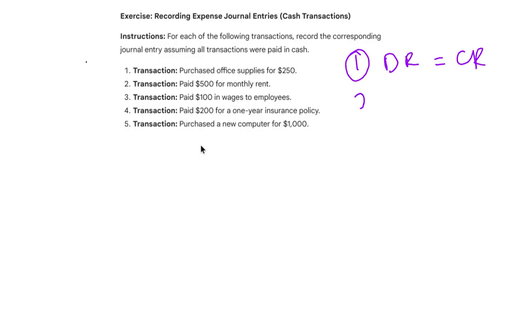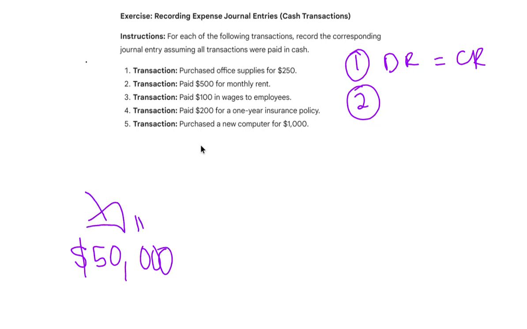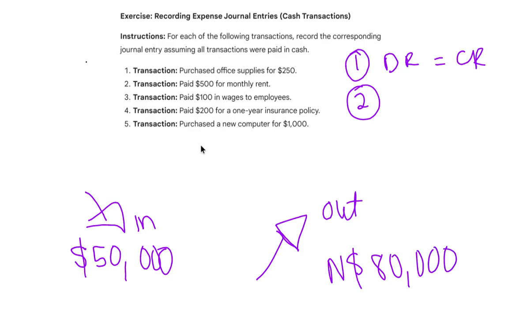The reason for that is, for example, I have $50,000 that came into my bank account, and what went out of my bank account was $80,000. Okay, so there is an error here because we have $30,000 that is not accounted for.